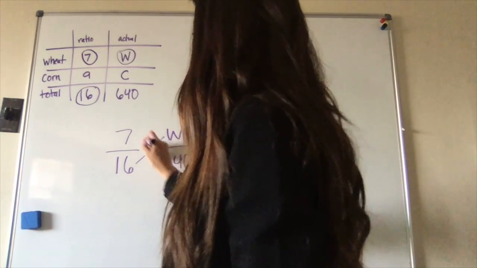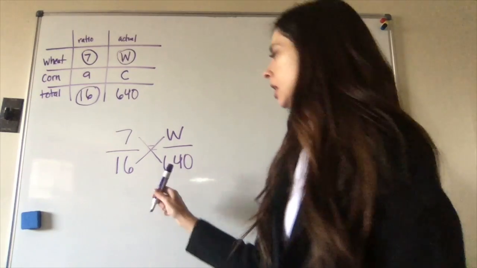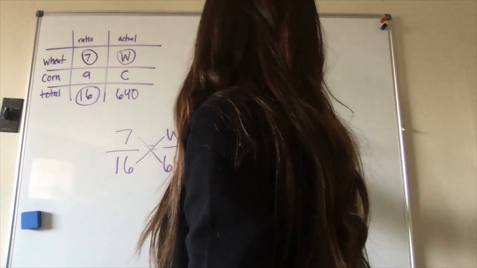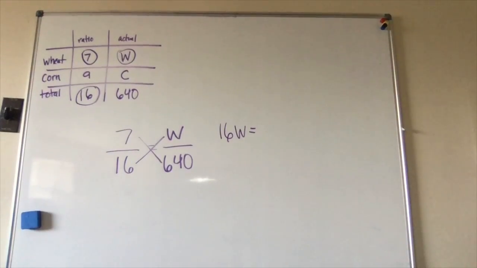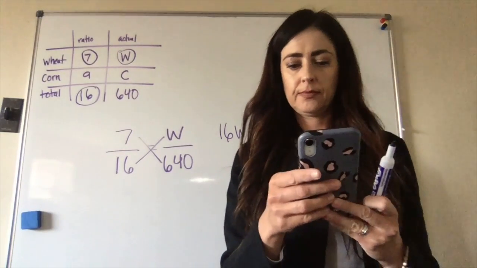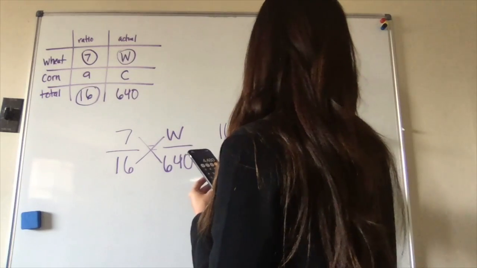Now we're going to cross multiply because we're working with fractions that are set as a proportion. So 16 times W gives us 16W is equal to, let's see if they tell me. No, let me get my calculator. 640 times 7 equals 4,480.